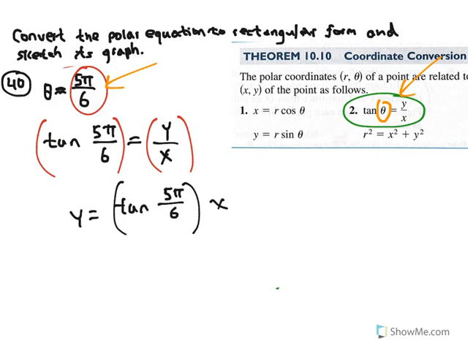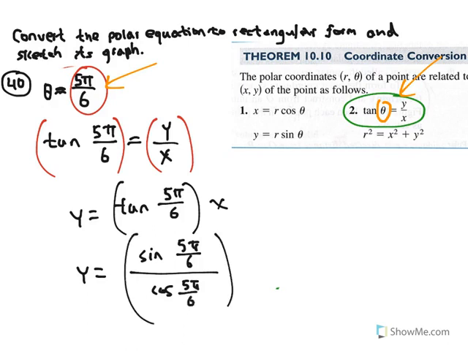And what is the tangent of 5 pi over 6? It is the sine of 5 pi over 6 divided by the cosine of 5 pi over 6. The sine of 5 pi over 6 is 1/2. The cosine of 5 pi over 6 is negative square root of 3 over 2.